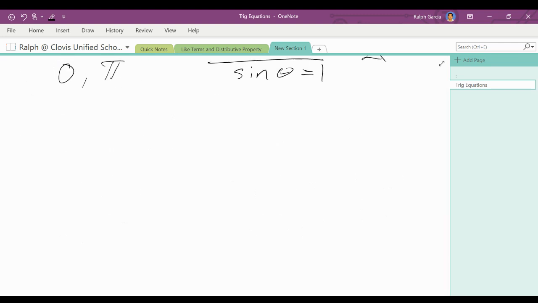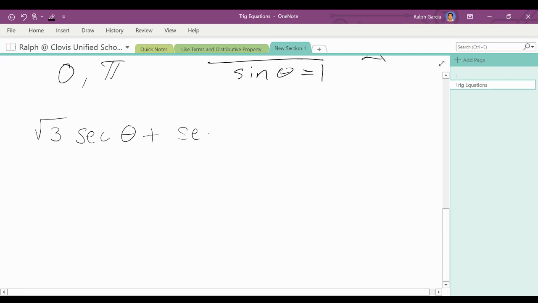All right, let's keep moving on here. Radical 3 secant theta plus secant theta cotangent theta equals 0.